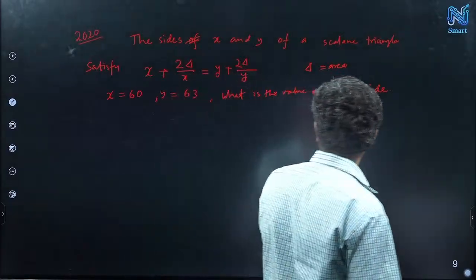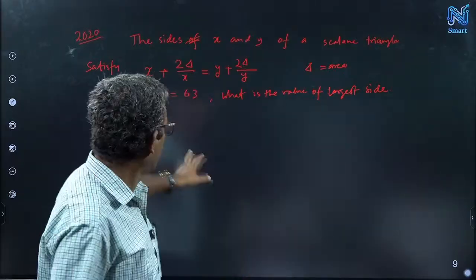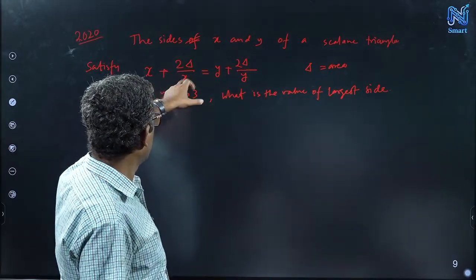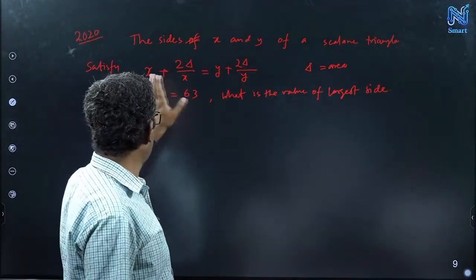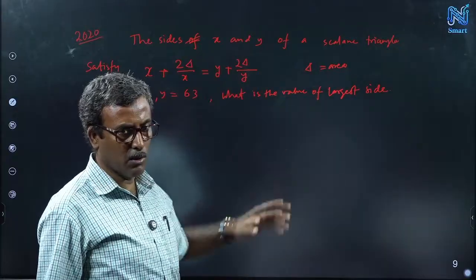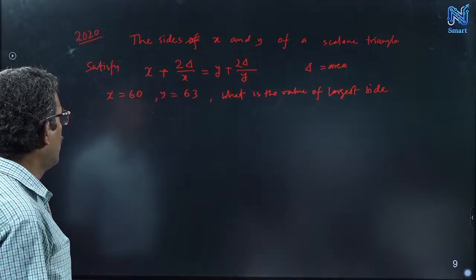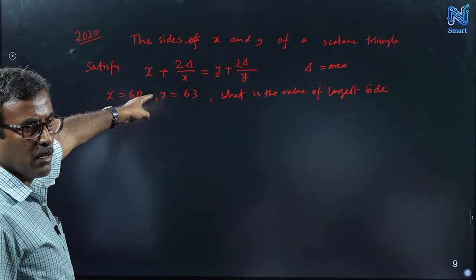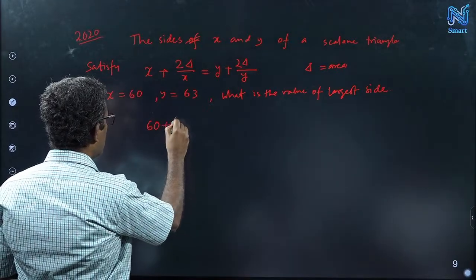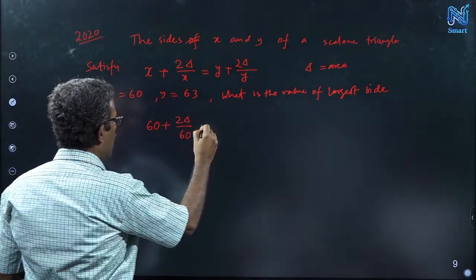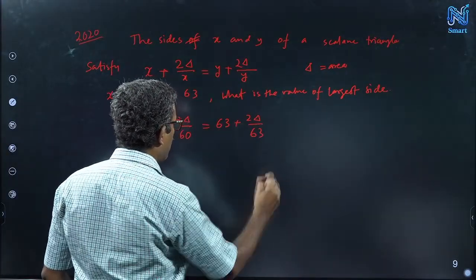Is this question clear? It is a scalene triangle, so three sides are unequal, and 60 plus 2 delta by 60 is the same as 63 plus 2 delta by 63. Then what will be the value of the largest side? One is 60, one is 63. So you have to find the third one. So better you put this here and find the delta. 60 plus 2 delta by 60 is the same as 63 plus 2 delta by 63. Then what is the value of delta?